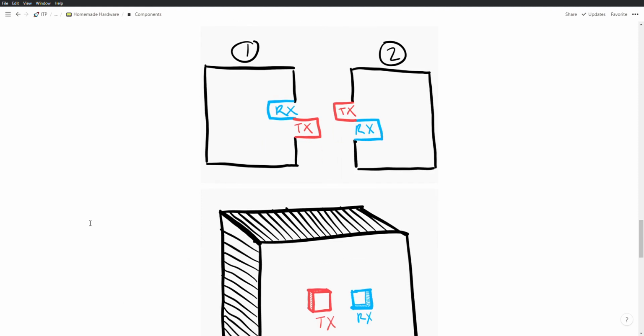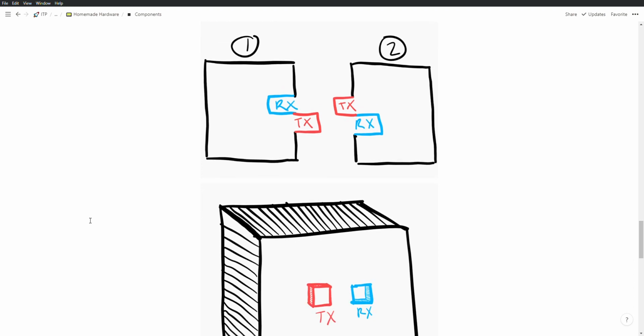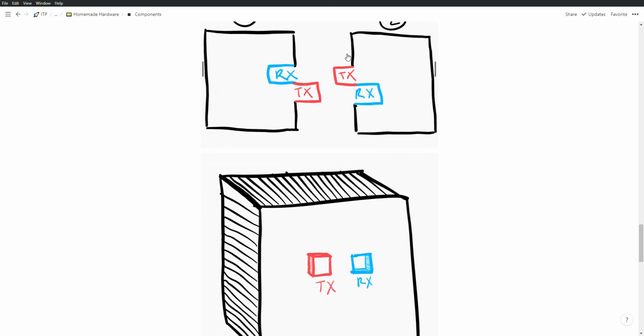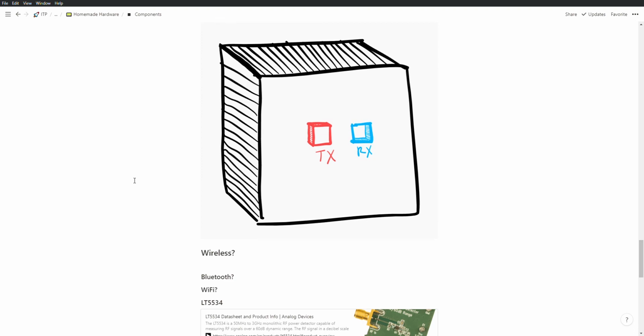Probably it would have an SD card. I thought about the serial connection with a send and receive thing. You would have to physically connect the cubes with intention to get more content.